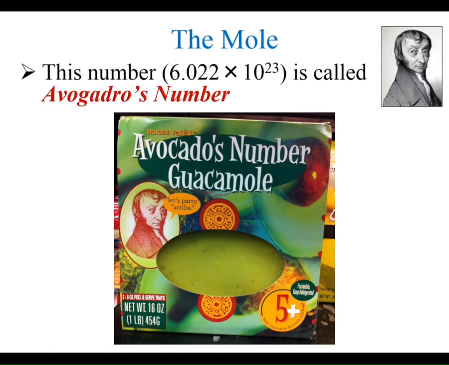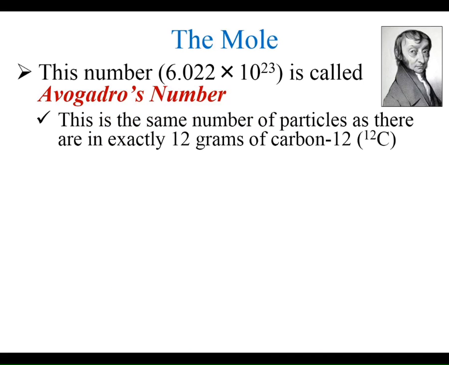So where does that weird number come from? Well, it is the exact number of particles in 12 grams of carbon-12. Let me rewind a little bit. Remember, we talked about how in nature an element might be made up of multiple different isotopes.